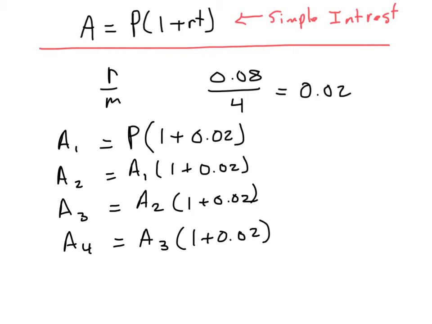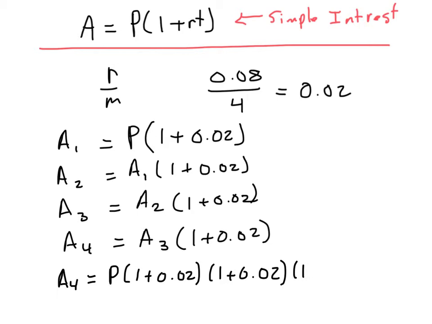Now, because we've used information from the prior equation each time, we could really write A4 just in terms of the principal. We'd have A1, which looked like this, times another one of those. That makes A2. Times another one of those.